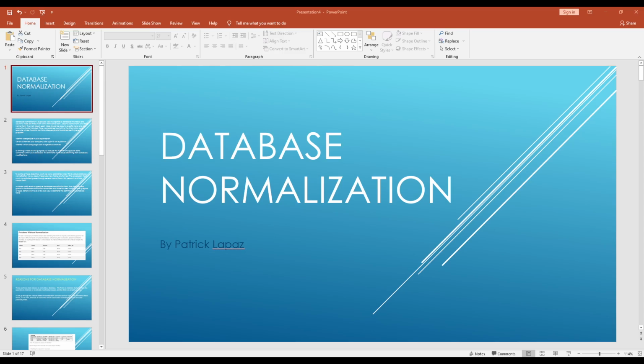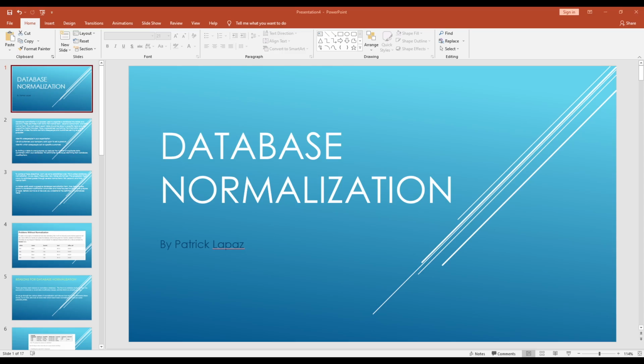Database normalization is a technique of organizing the data in the database. Normalization is a systematic approach of decomposing tables to eliminate data redundancy and undesirable characteristics like insertion, update and deletion anomalies.